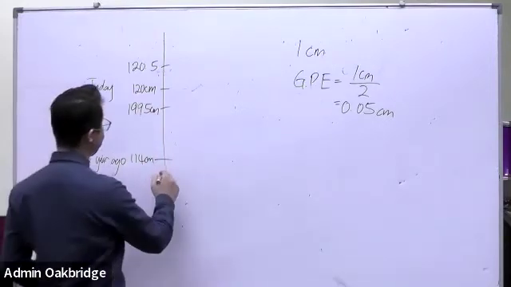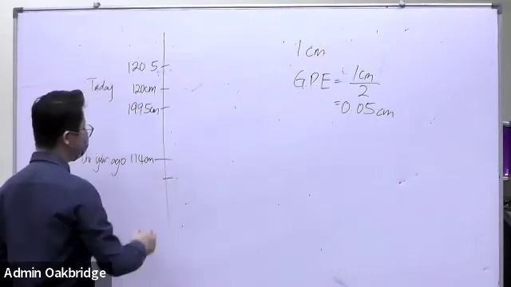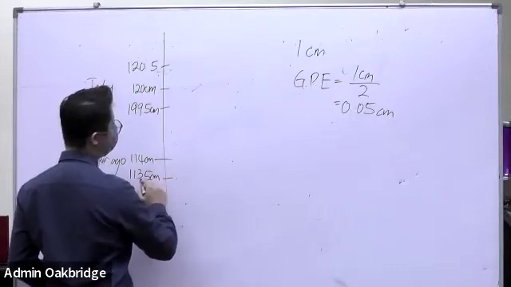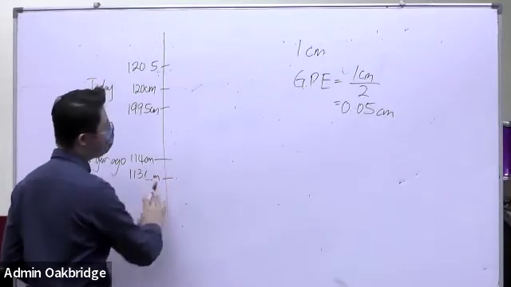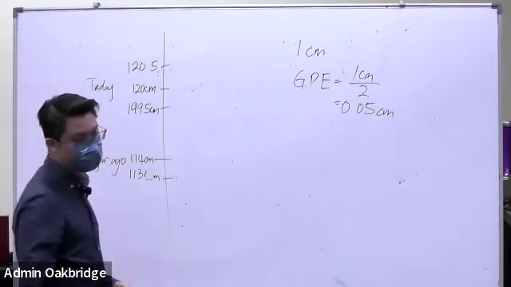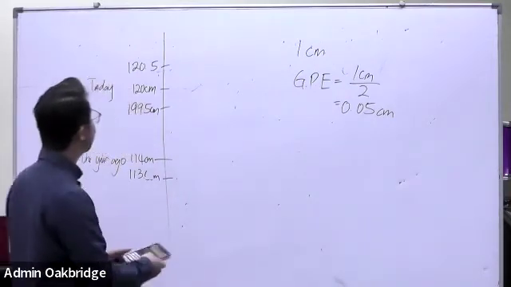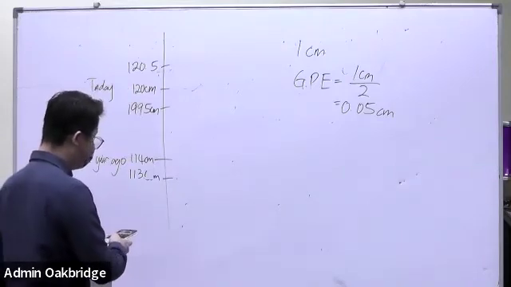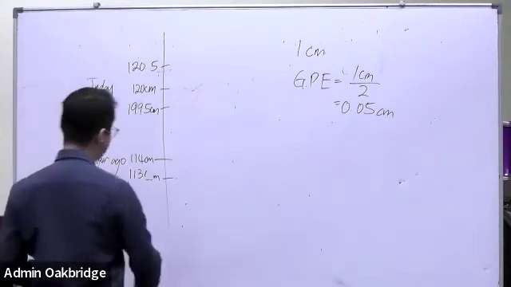Then how about this one? 113.5. Let me check again. Be careful here because this involves two decimal places. 120 minus 0.05 should be 119.95.